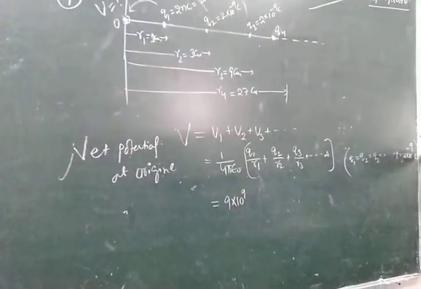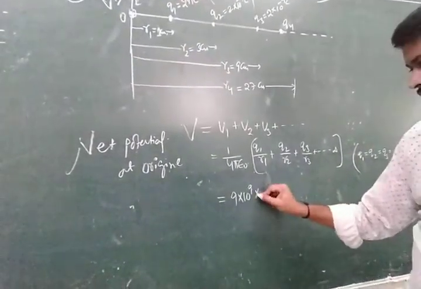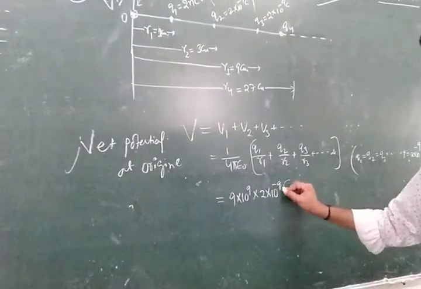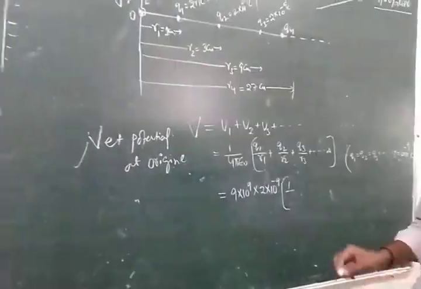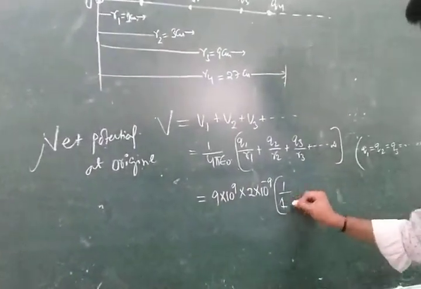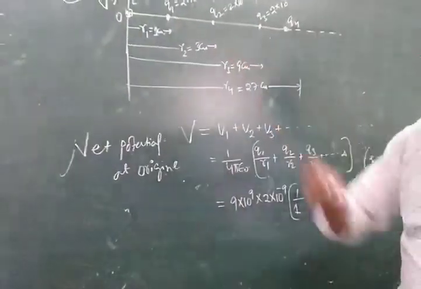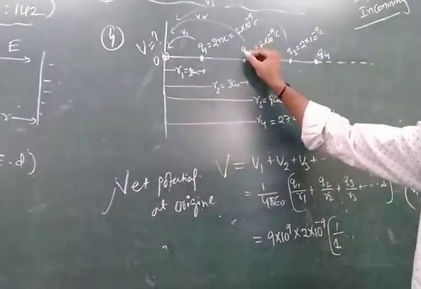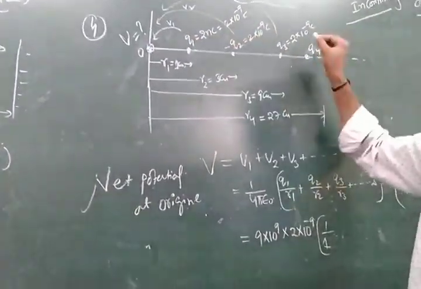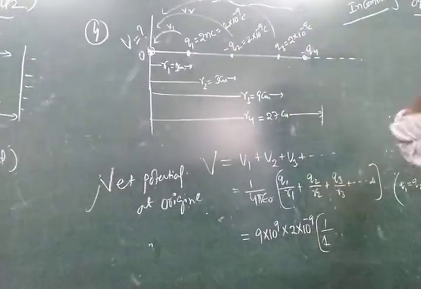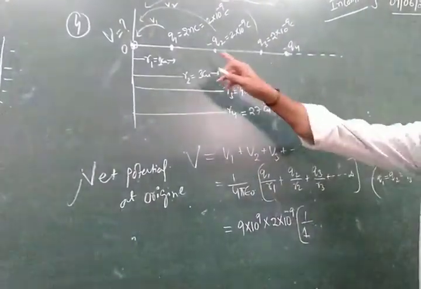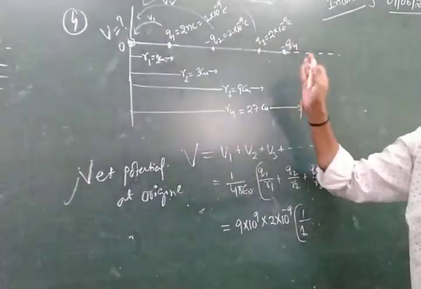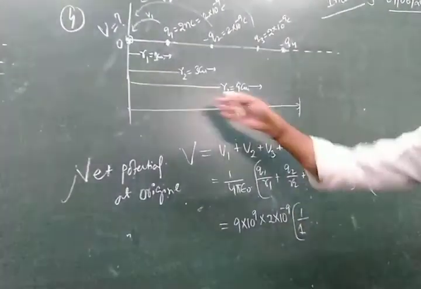So Q value 2 into 10 power of minus 9 into 1 by R1, R1 means 1. Next, here the charges are opposite: one is plus, next one is minus, next one is plus, next one is minus. In the given question, opposite charges are kept at distances 1, 3, 9, 27 from the origin.